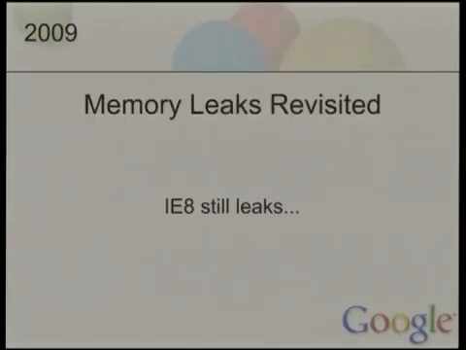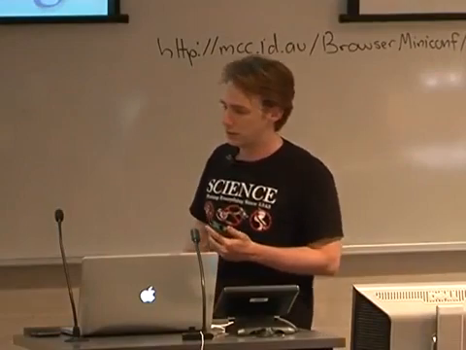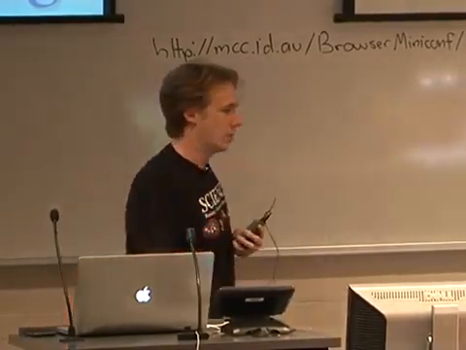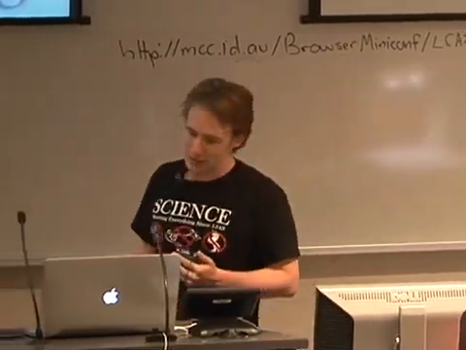Great. And we're back to memory leaks. Okay, so Internet Explorer 8 is great. Microsoft fixed that bug I talked about earlier with the loop references pretty quickly. They did something or other to make sure that it didn't happen. But naturally, there are other memory leaks, again IE specific.